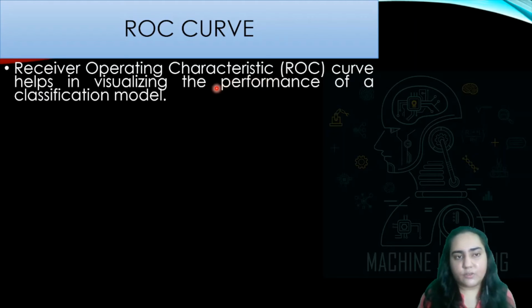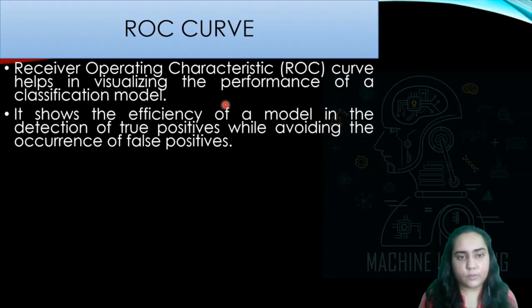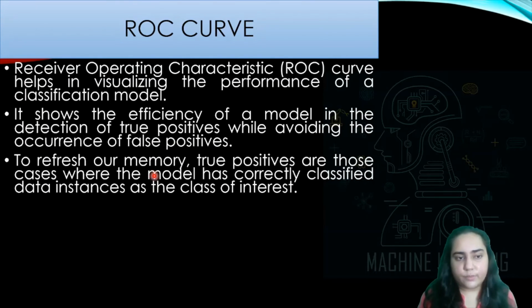So ROC is a curve that helps you to visualize the performance of a classification model. It will show you the efficiency of a model in the detection of true positives while avoiding the occurrence of false positives. Just to refresh our memory, what is a true positive? True positives are those cases where the model has correctly classified data instances as the class of interest.